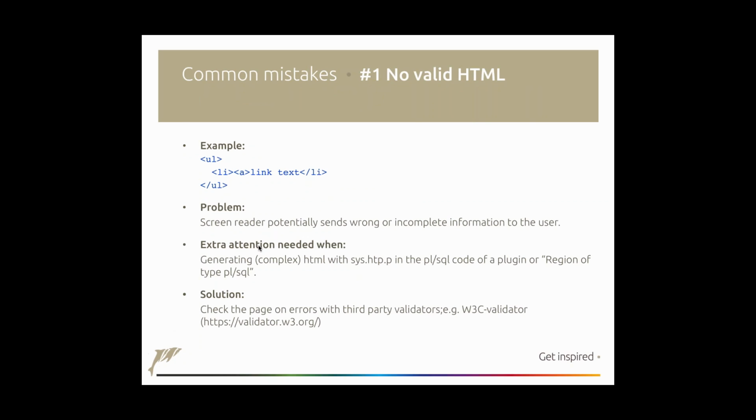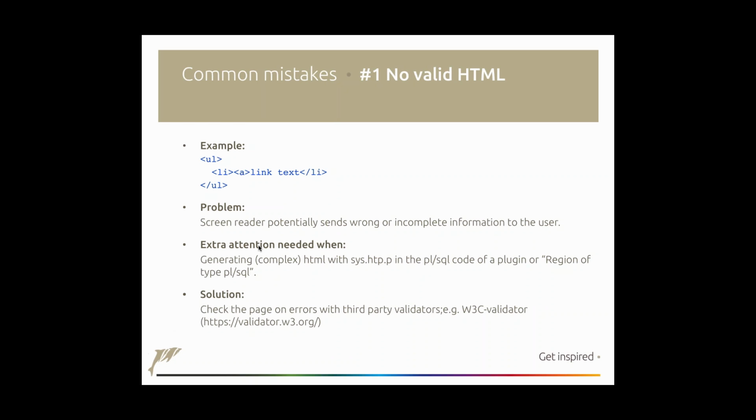So let's have a look at all the guidelines, the whole big list that I already showed you in the beginning. What is the number one mistake that breaks accessibility? Well, if you make something non-HTML compliant, so it's not valid anymore.